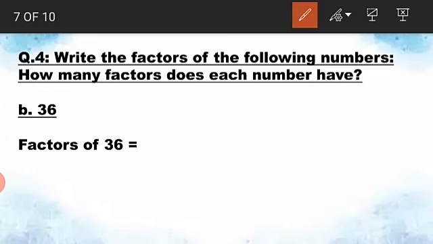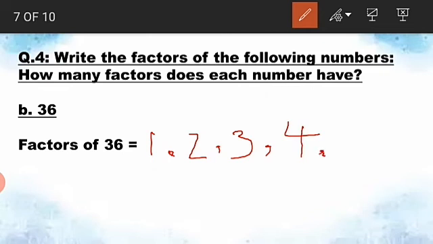So we will start from 1, then 2, then 3, yes, then 4. 4 ones are 4, 4 twos are 8, 4 threes are 12, 4 fours are 16, 4 fives are 20, 4 nines are 36. So 4 is also a factor of 36.